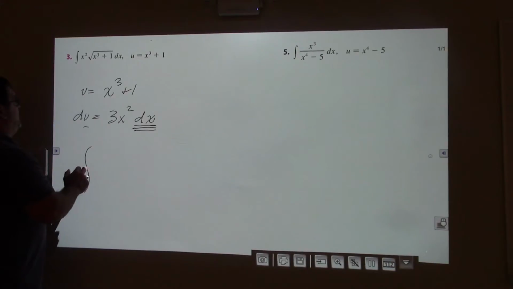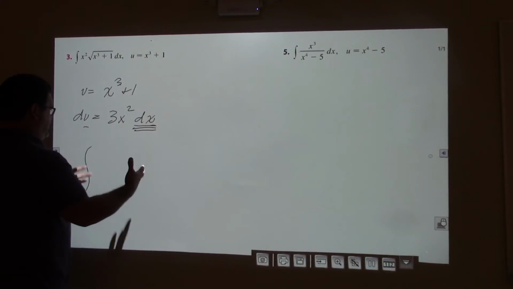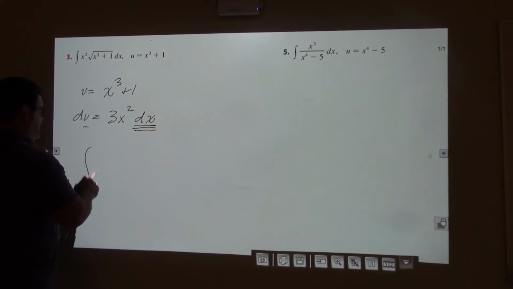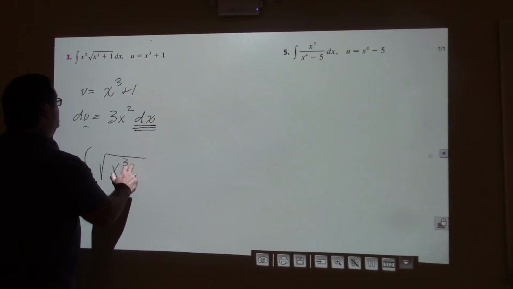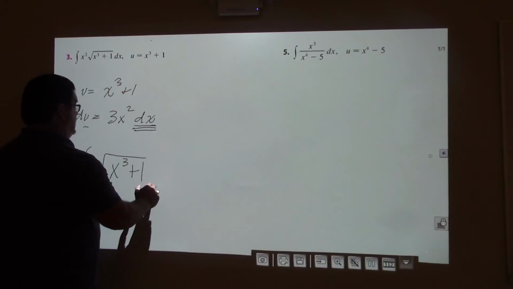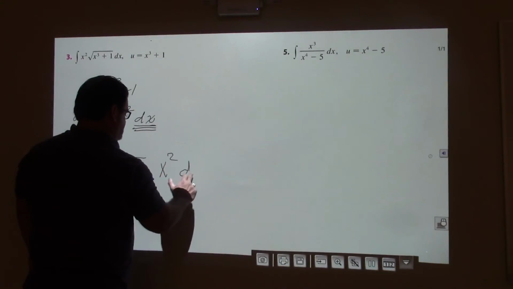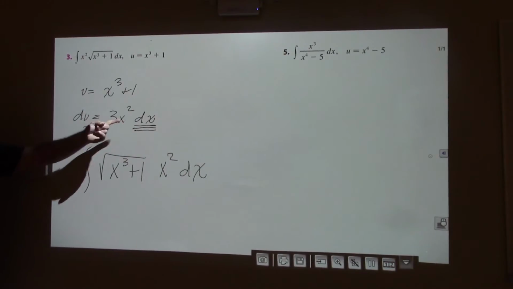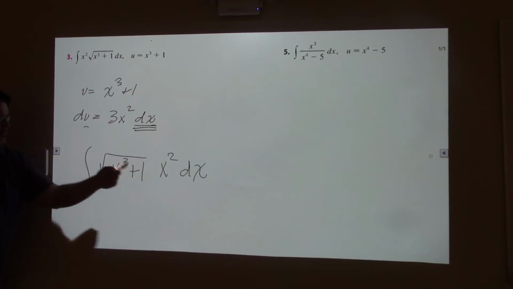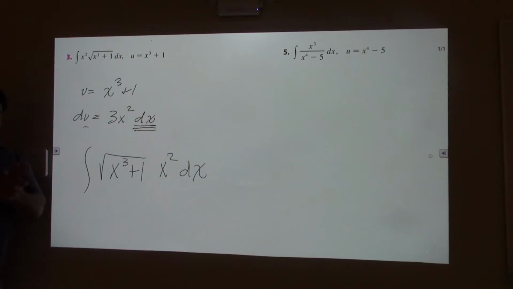This is something I tell all my students whenever they're doing substitution. Rewrite this as square root of x cubed plus 1 times x squared dx. What do you not have? You have the 3. Yay!